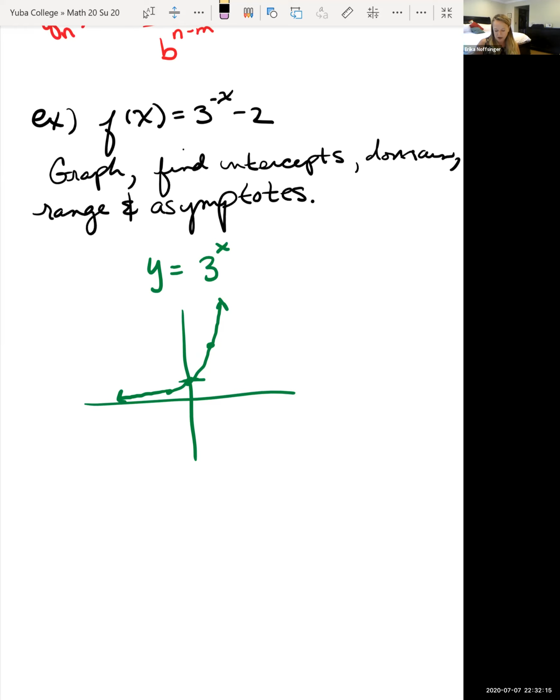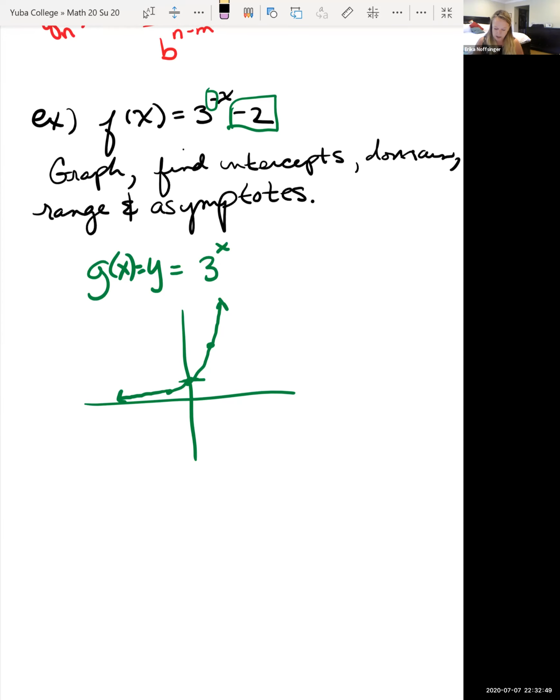So let's talk about what this minus sign is doing right here and what this -2 is doing right there. This minus sign inside here, that's like if we had looked at f of negative x, or let's say this is g of x. If we plugged in negative x, that would have given us 3 to the negative x power. If I plug in negative x here, that's affecting my x value. So again, that's a reflection across the y-axis.